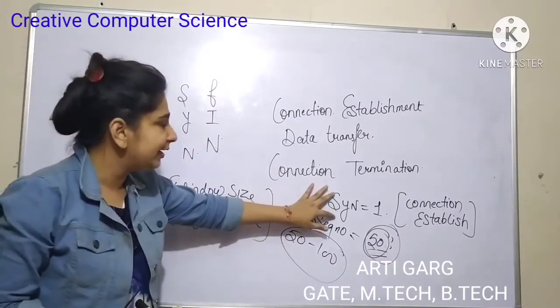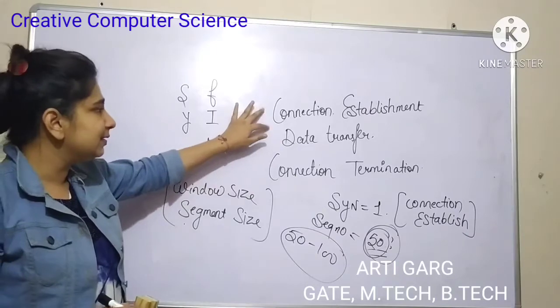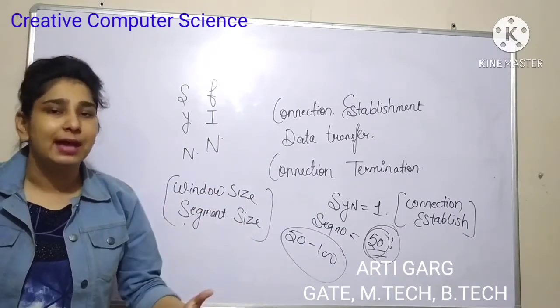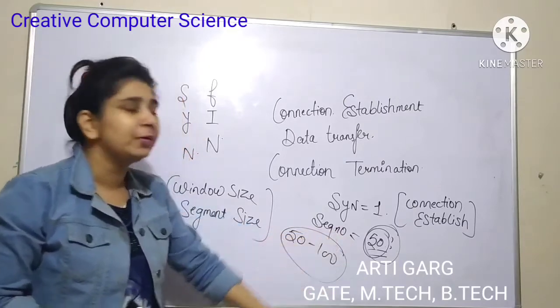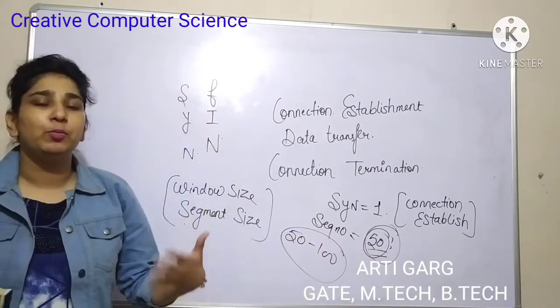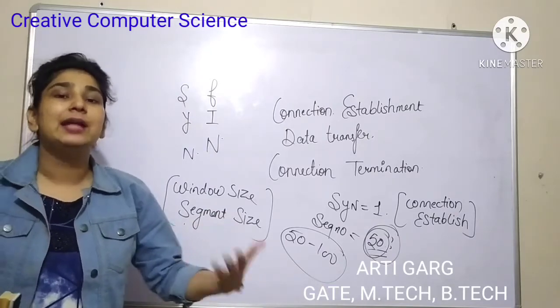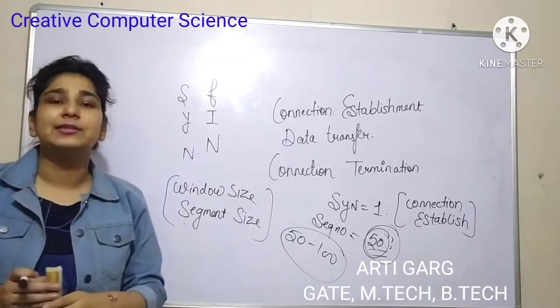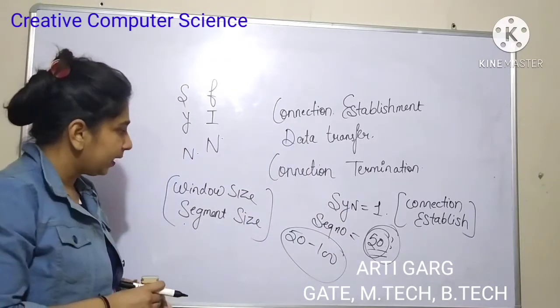So the SYN field is used for the first time when you are sharing your basic knowledge with the other side. You are informing the other party that from this sequence number I would be sending you my data. So that is our connection establishment phase.